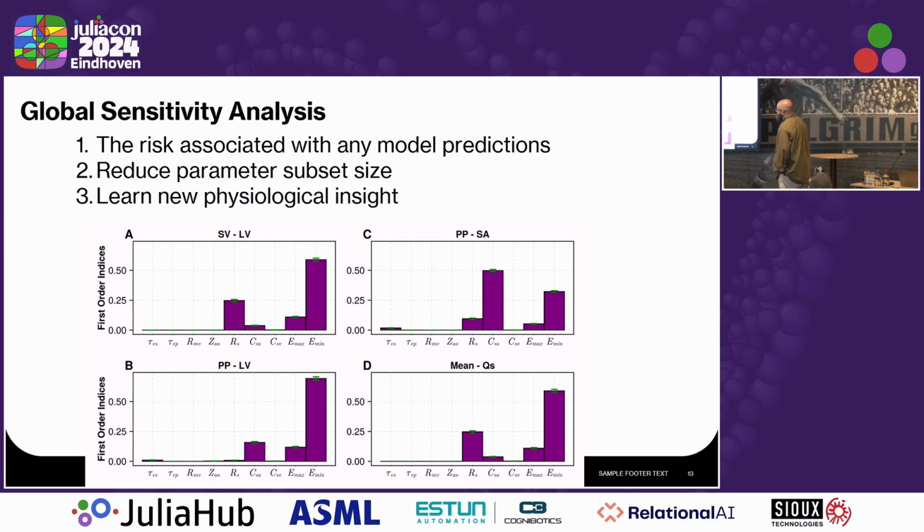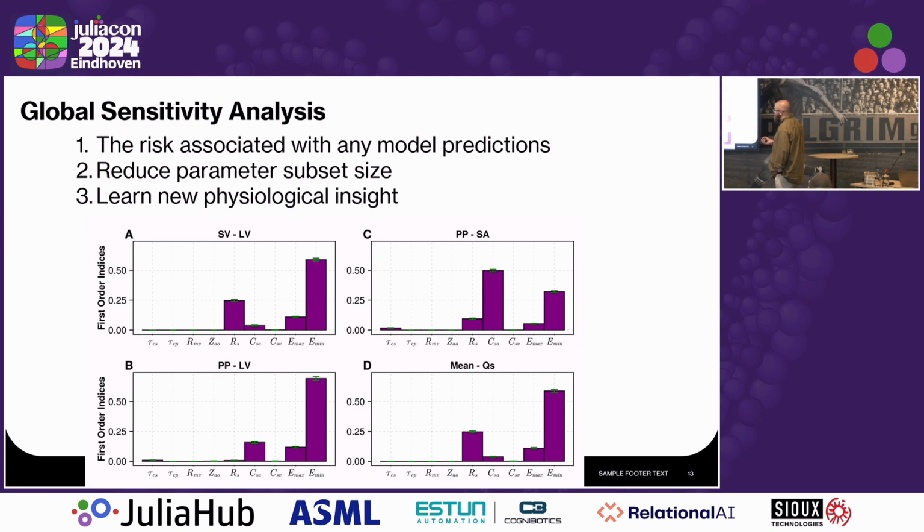Global sensitivity analysis. Why is this important? This allows us to obtain what the risk is associated with any predictions. So we're asking, what are the impactful parameters that contribute to the outputs we've got in our system?